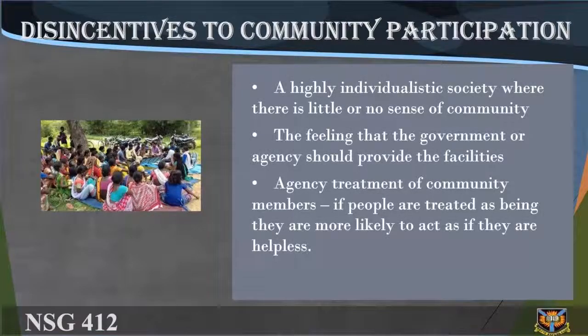A highly individualistic society where there is little or no sense of community. The feeling that the government or agency should provide the facilities. Agency treatment of community members. If people are being treated as not important, they are more likely to act as if they are helpless.